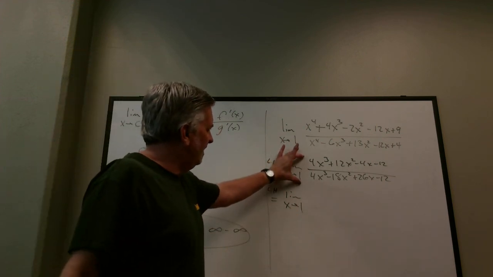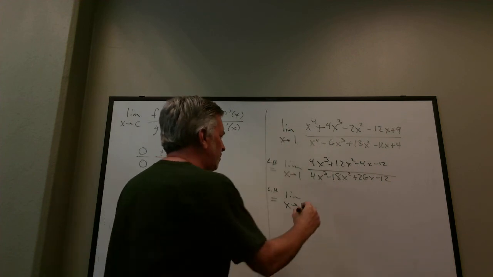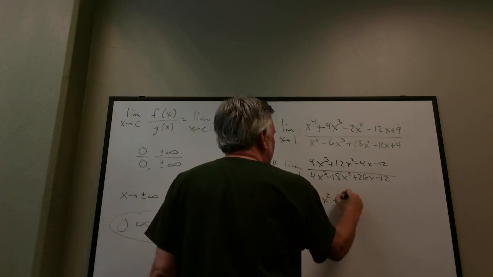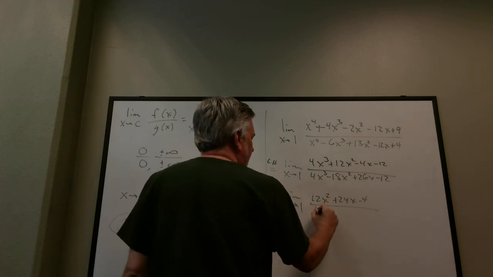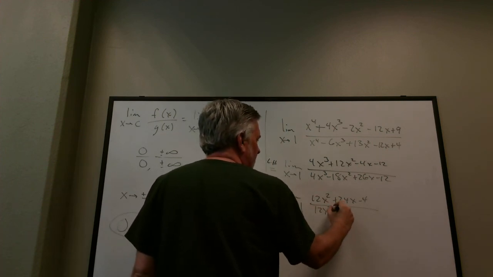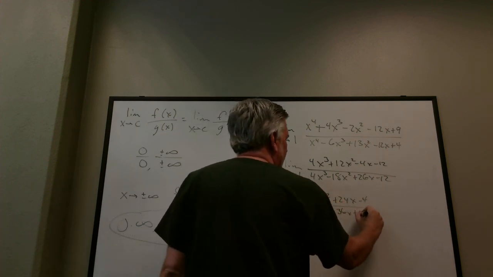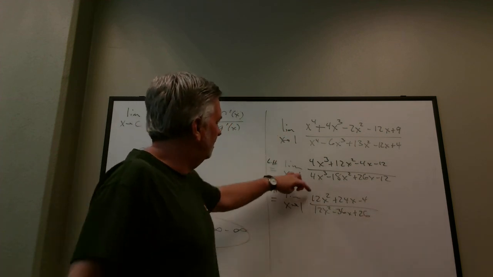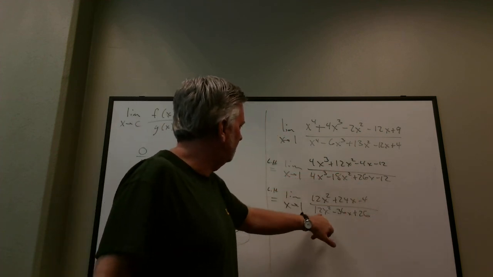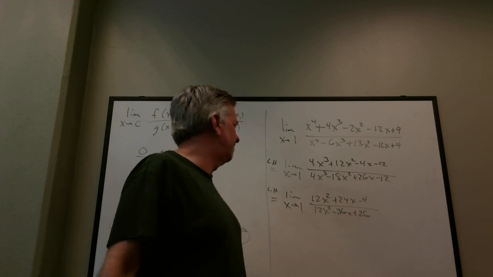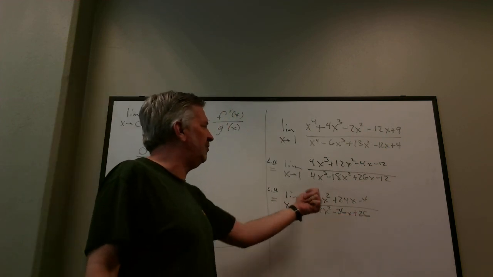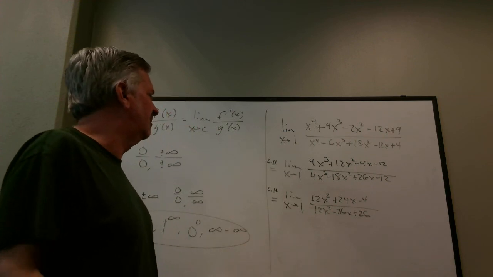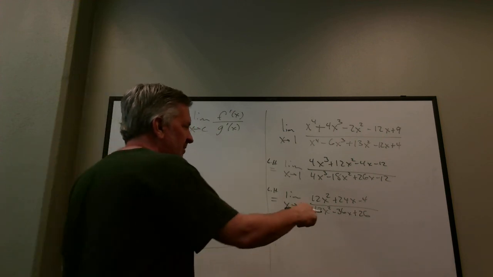So the limit of this is the limit of the derivative of the numerator, 12x squared plus 24x minus 4, over the derivative of the denominator, 12x squared minus 36x plus 26. Okay. And now treat it as a new problem. How do you take the limit of a rational function? You try plugging in 1. And notice here, I don't get a 0 in the denominator.